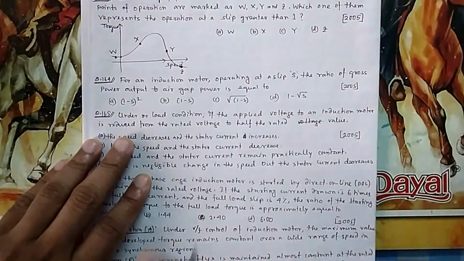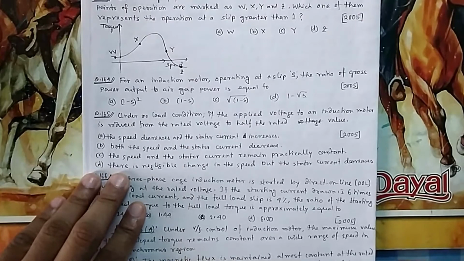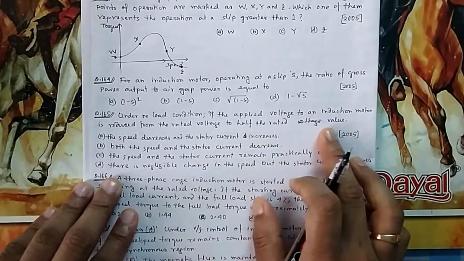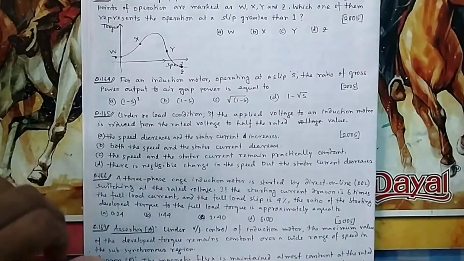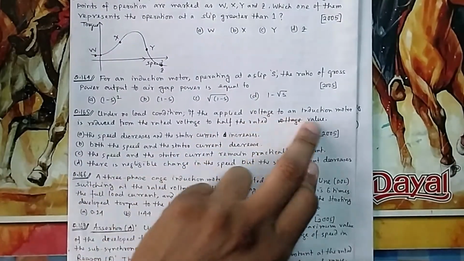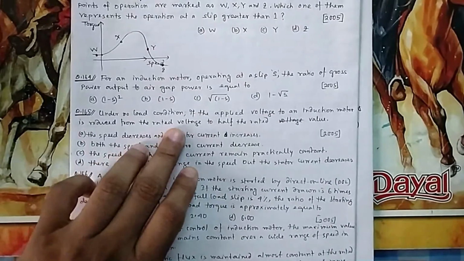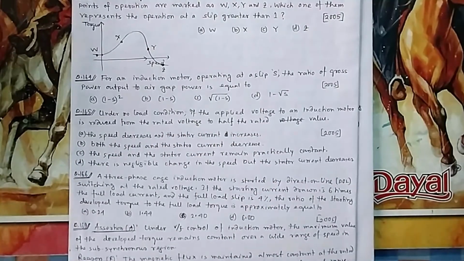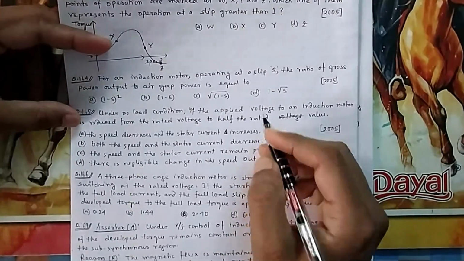Now in 165, under no load condition, if the applied voltage to an induction motor is reduced from the rated voltage to half the value, then what will happen? Under no load condition, the applied voltage of induction motor is reduced to half the rated voltage. So if you bring it to half the voltage, then what will happen?